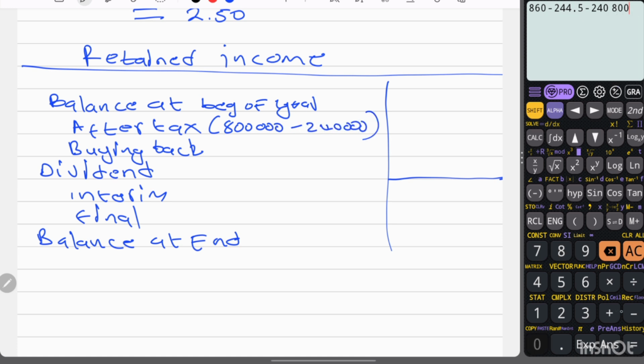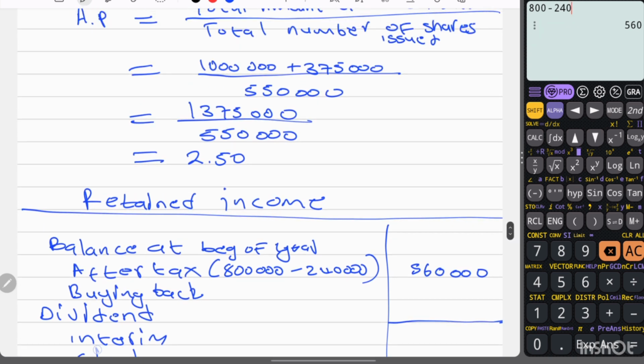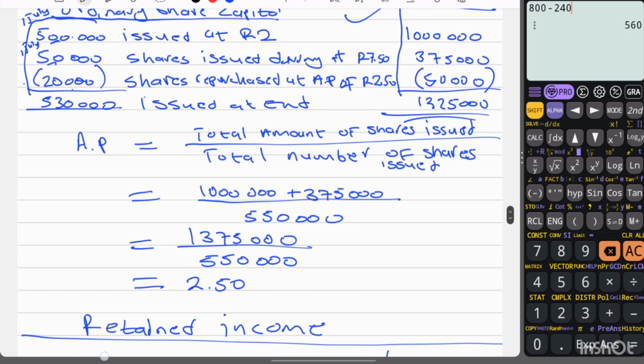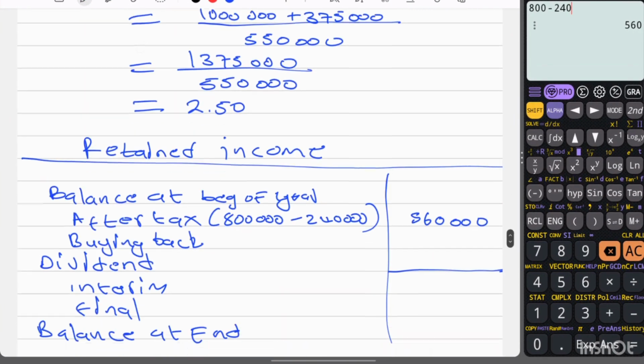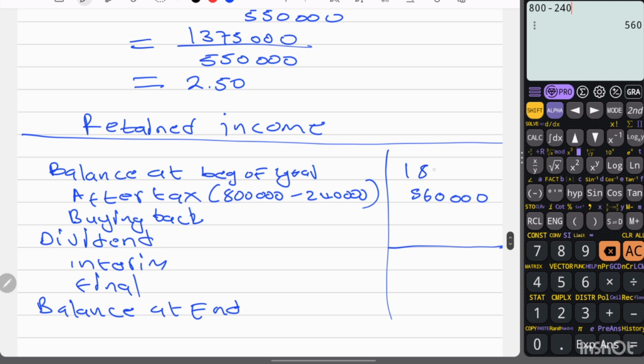It's gonna be 800,000 minus 240,000. Then our net profit after tax is 560,000. Now, balance at the beginning of the year under return income, we were given as 180,000. Then I'm gonna write here my 180,000.